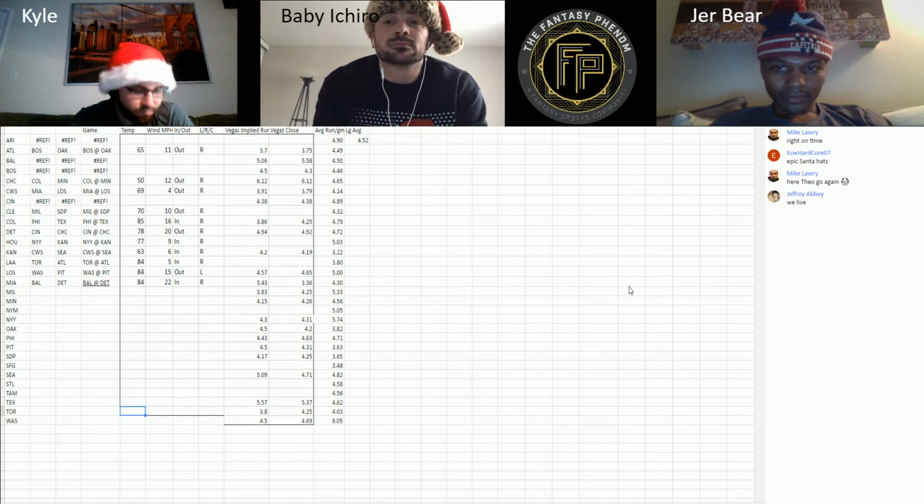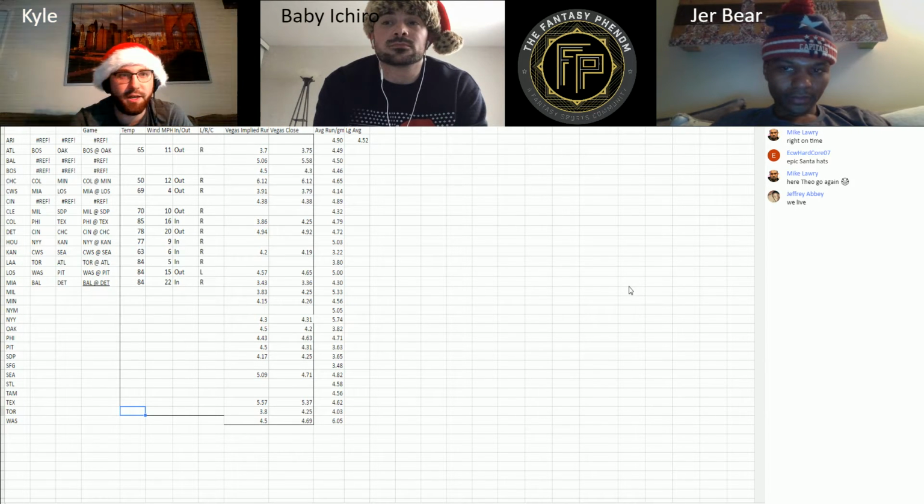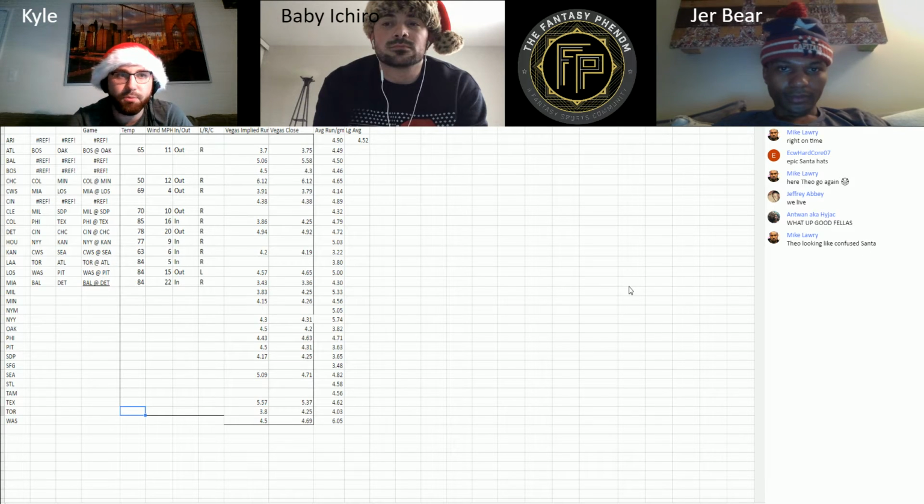On this, Jeremy goes in there and he enters the temperature, the weather, the wind blowing in and out, the Vegas implied opening, and the Vegas closing line. So I know a lot of people are big on line movement and whether the line moves up, down, back and forth, side to side. So the teams are all the way to the left, right?